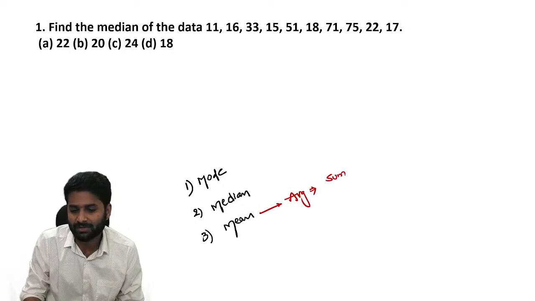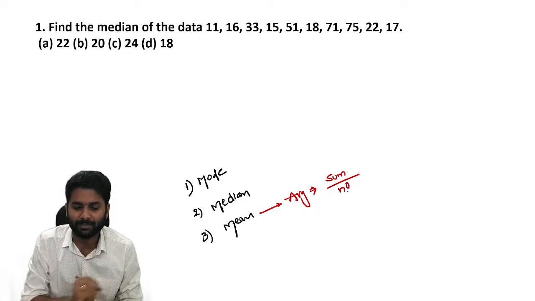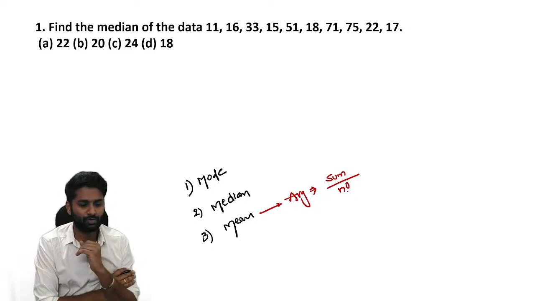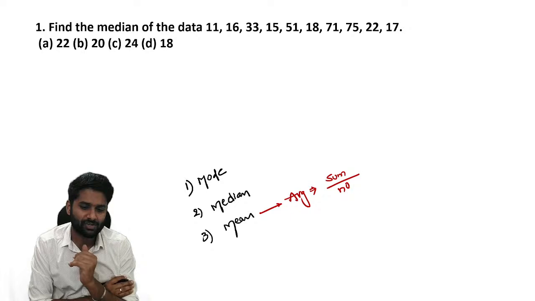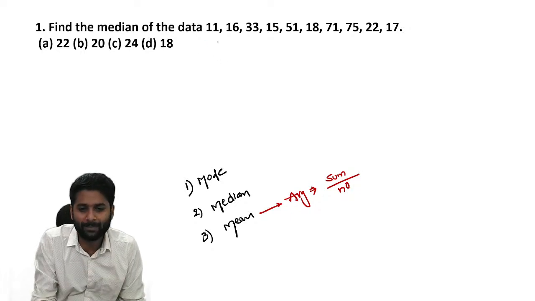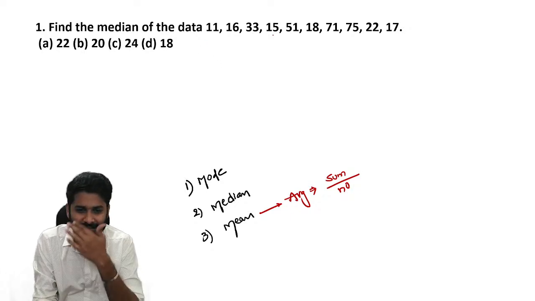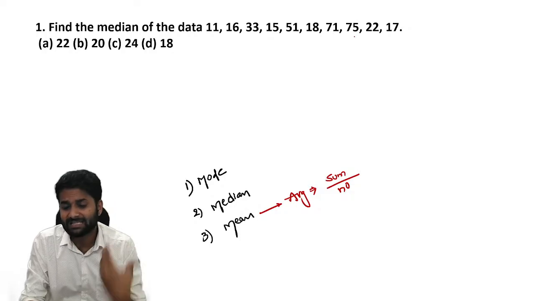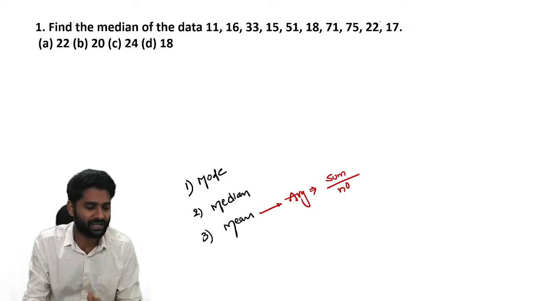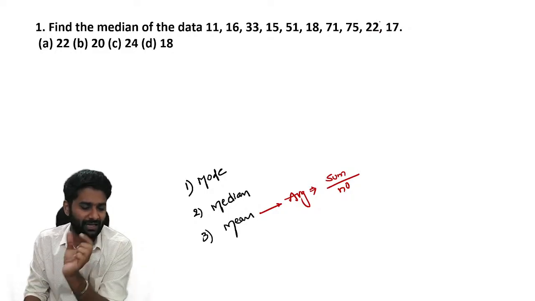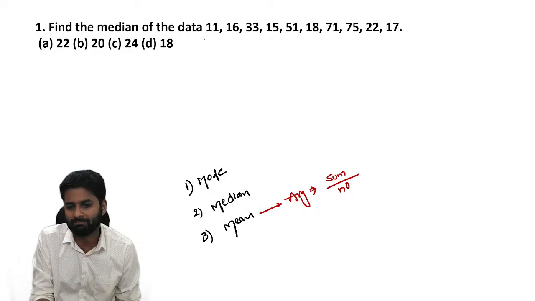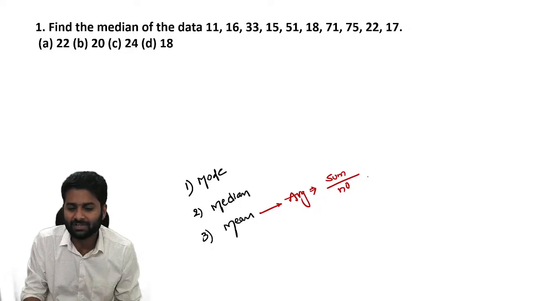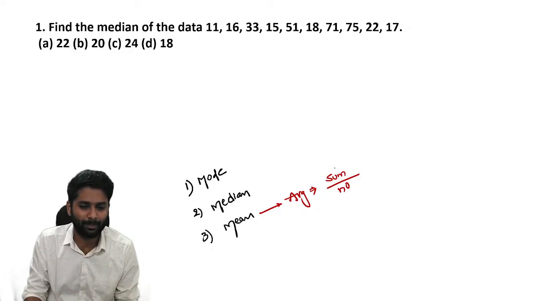Average is the sum of observations divided by the number of observations. For example, the sum means 11 plus 16 plus 33 plus 15 plus 51 plus 18 plus 71 plus 75 plus 22 plus 17. If you add all the numbers, you will get one sum, divided by the total. How many entities are there? 10. So sum divided by number is all about mean.